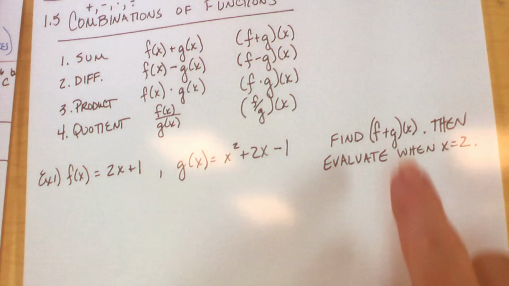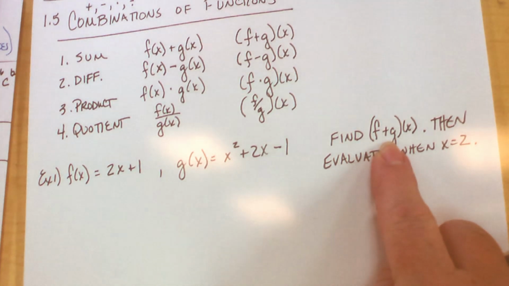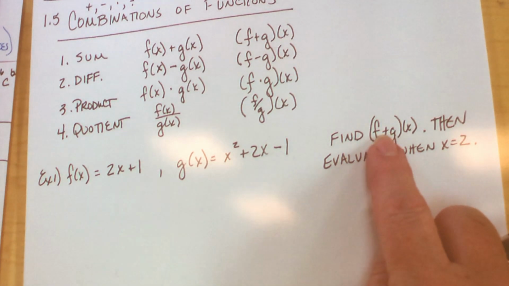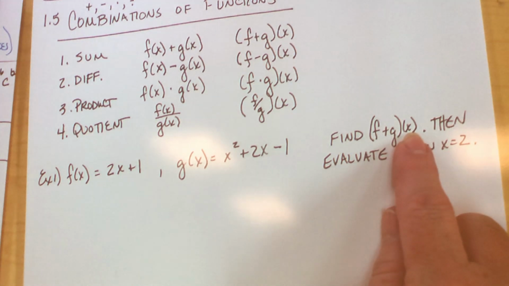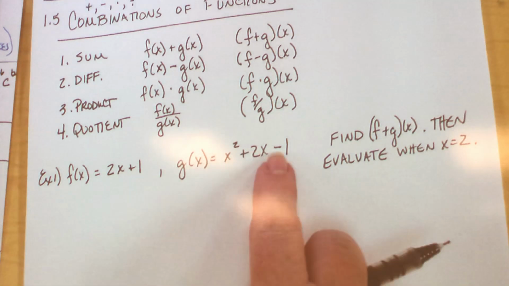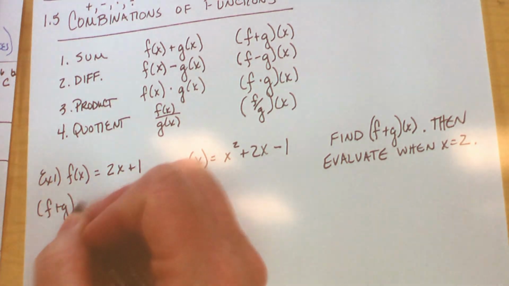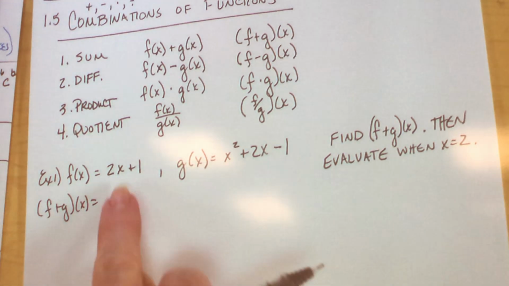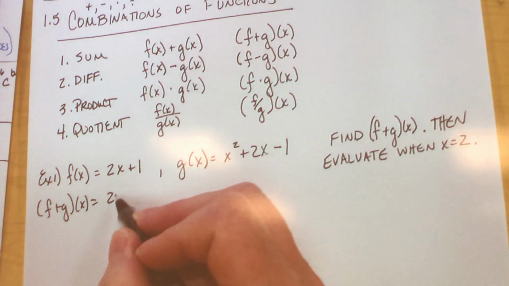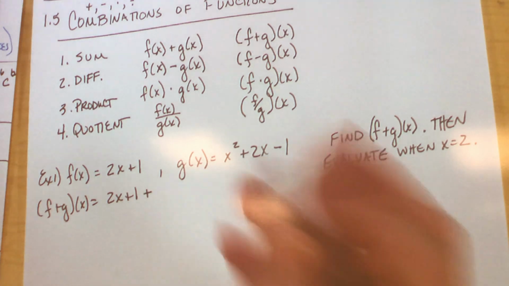All right, so what does this mean they want me to do? Add those two functions and then multiply them by x? No, people. It just says, hey, what's f of x plus g of x? All right? So f plus g of x is equal to f of x plus g of x.